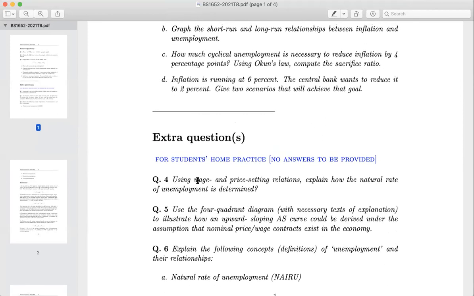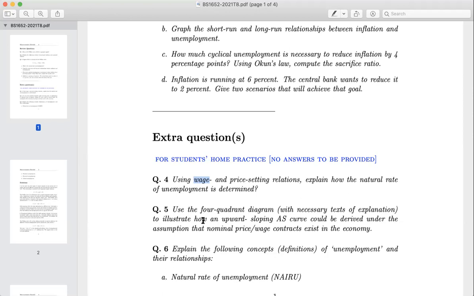This question is a textbook question: using the wage and price setting relation, explain how the natural rate of unemployment is determined. The second question, question 5, is using the 4-quadrant diagram to derive the aggregate supply curve. Again, we did this in a separate video.